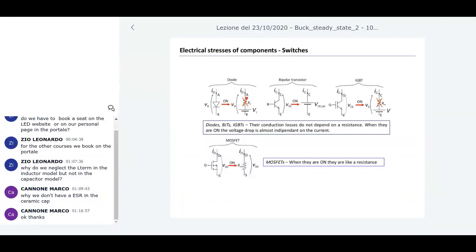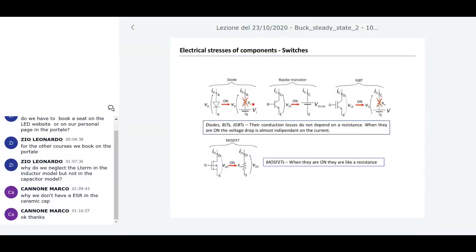Again, there is also resistance that can have some effect, but the voltage drop depends much more on the forward voltage drop V gamma than on the current flow. It can be very small.